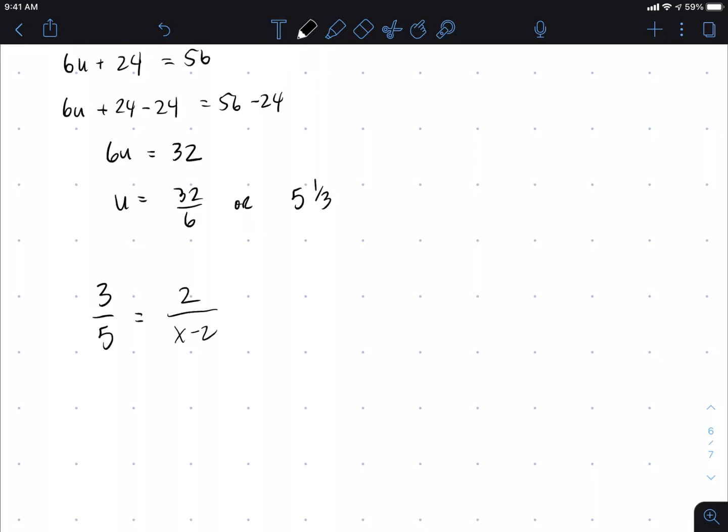Sixteen over 3. Here, let me check. Or 5 and 1/3. Oh, so it's the exact same answer?